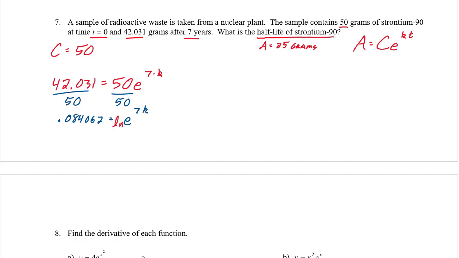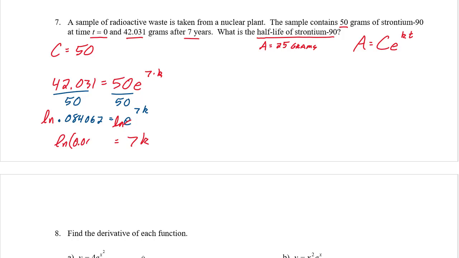To cancel the e, I would introduce a natural log of both sides, and in this case I'd end up with 7k now would be left on the right is equal to just whatever that natural log is, which it did come back negative 0.174-ish.